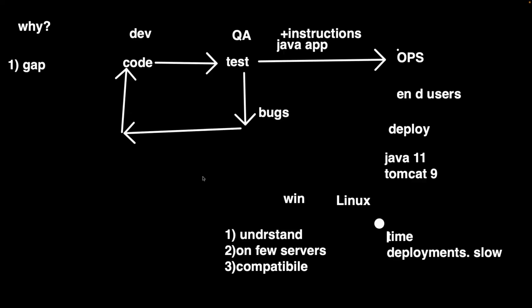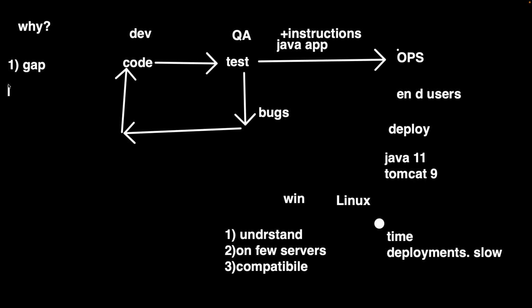Why is this happening? Why are they not understanding instructions provided by developers? Again, because these are two separate teams, and their core skills, core competencies are different. Am I making sense? So there would definitely be some gap in understanding the instructions. There will be a gap in communication or collaboration, right?